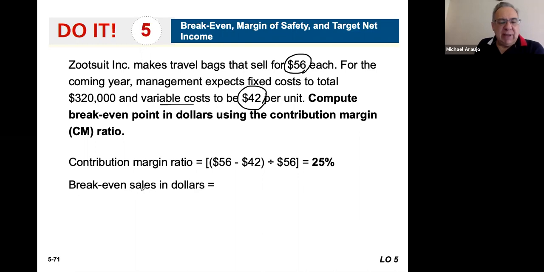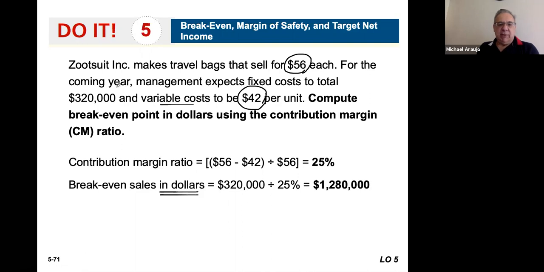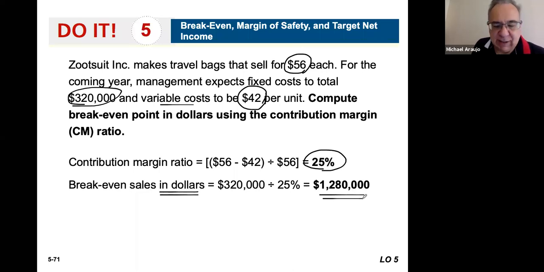Your break-even sales in dollars, in this case, you have $320,000 of fixed costs divided by the 25% contribution margin ratio. You're going to need $1,280,000 of sales just to break even.